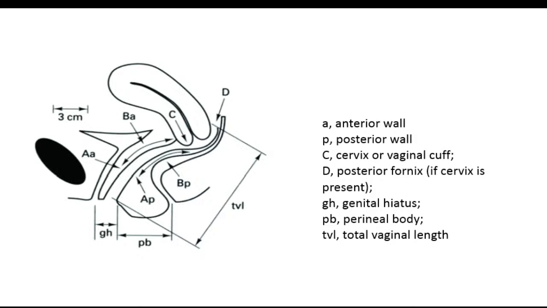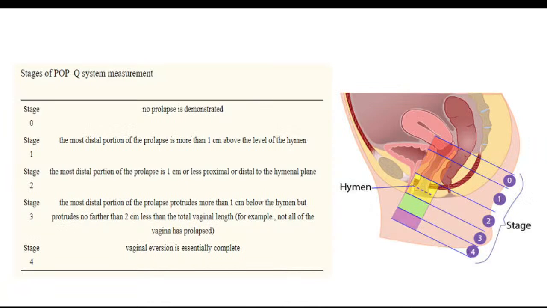D comes for Pouch of Douglas, genital hiatus, and perineal body, and total vaginal length. As I mentioned before, hymen is a line for the evaluation of the prolapse in POPQ system measurements.